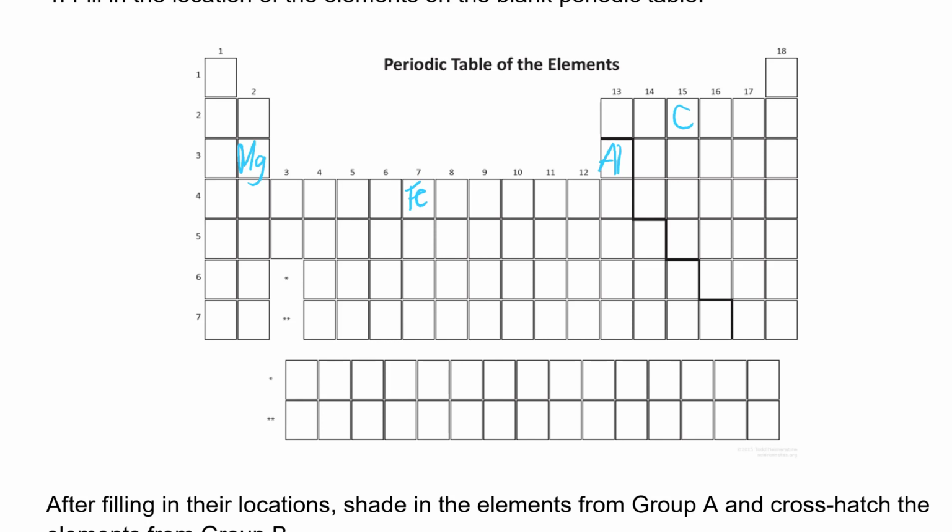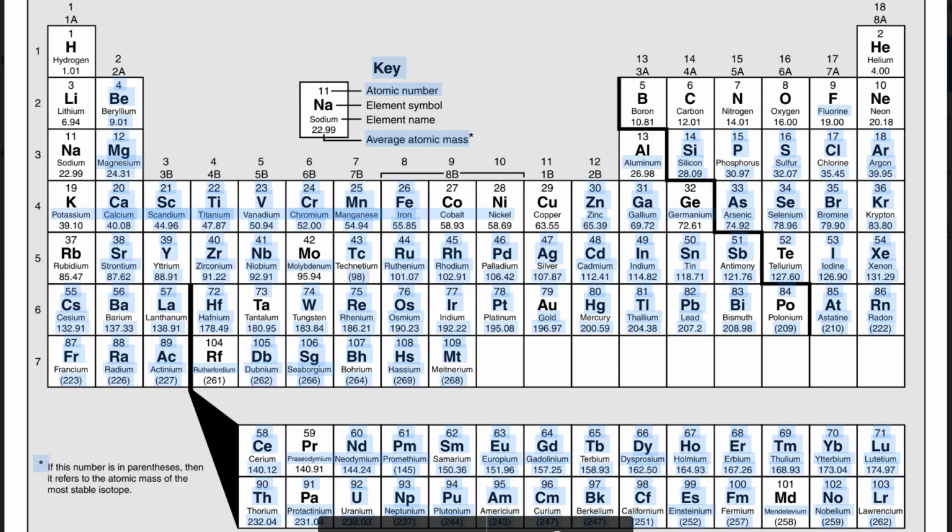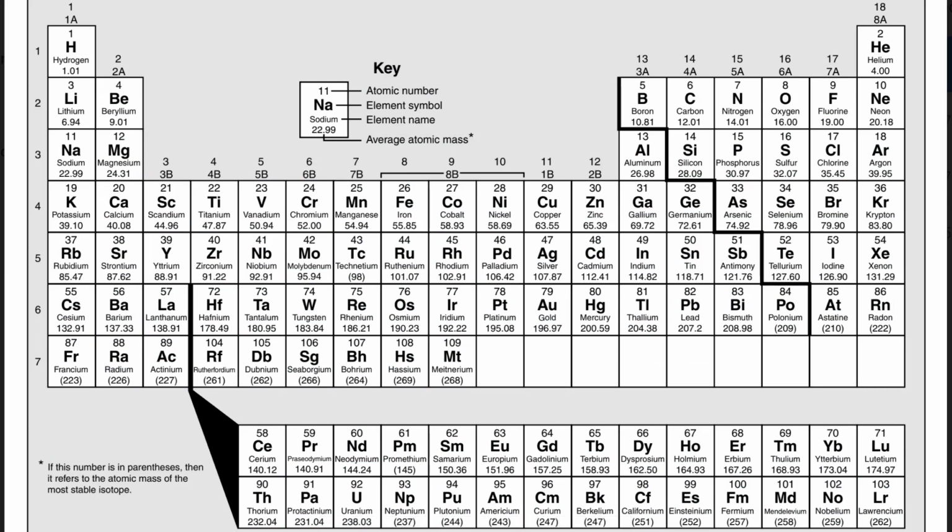Sulfur is right there. Let's see, we have tin, which is right in the same group as carbon, and zinc.